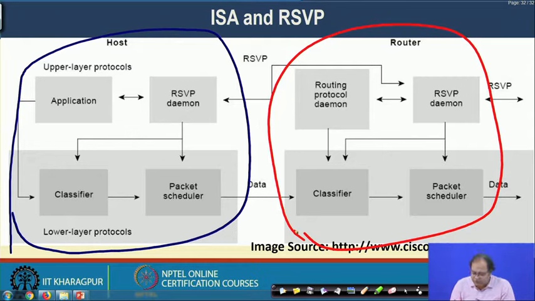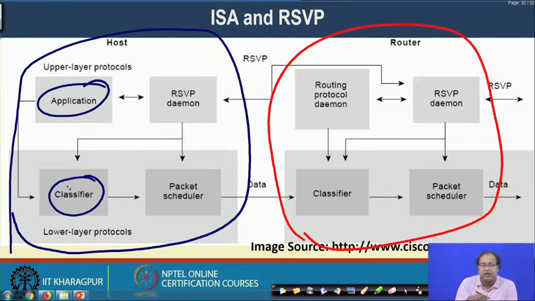Now, inside the host machine, let us see the modules that we have. You have the applications which are running there. That application talks with the classifier that classifies your packet, what type of quality of service class that packet belongs to. And then you have an RSVP daemon.